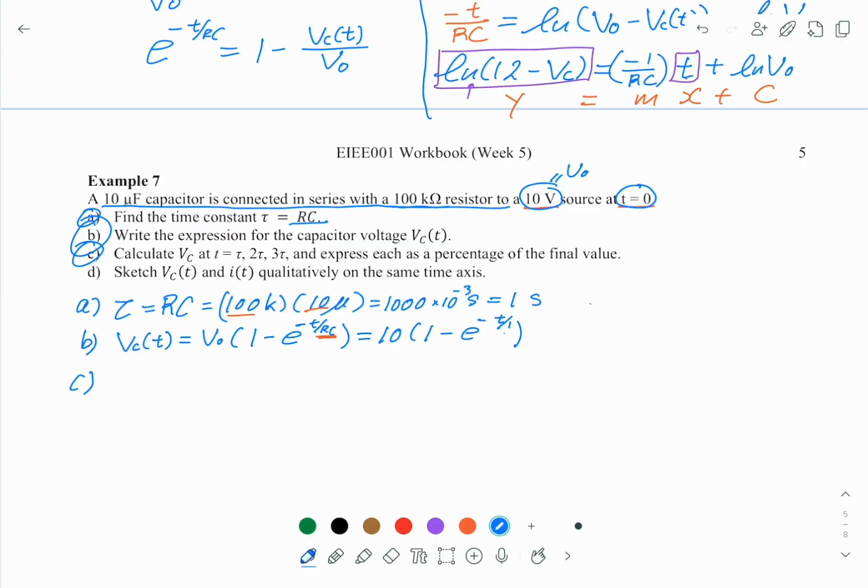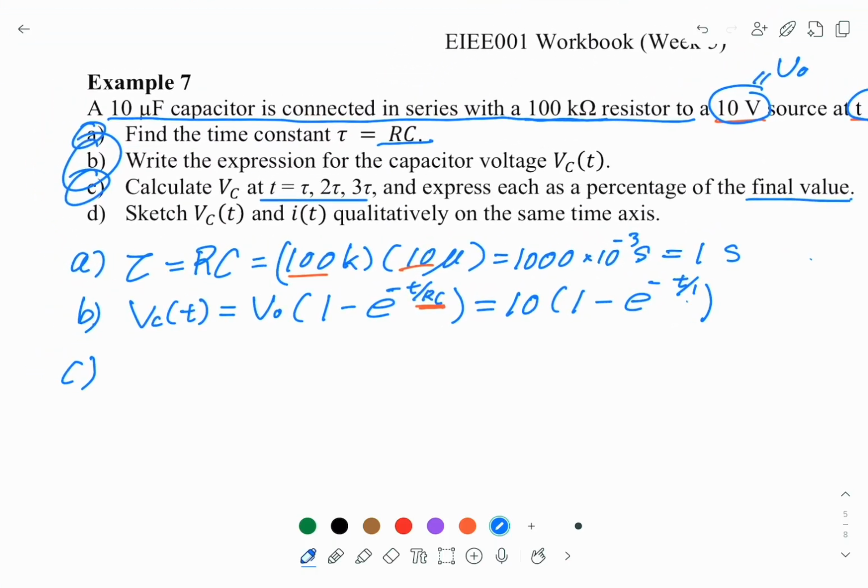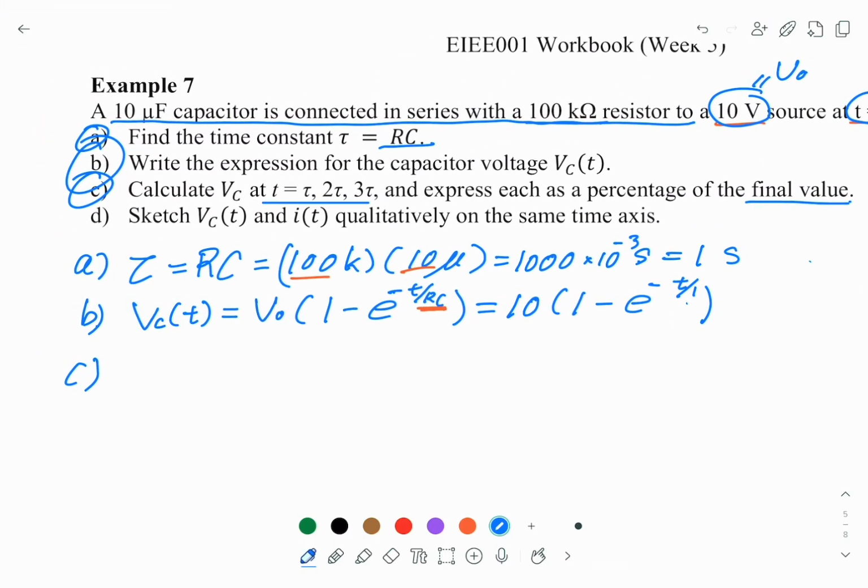C, calculate VC at t equal to 1 time constant, 2 and 3 as a percentage of the final value. Okay, so what is the final value? The final value is V0.